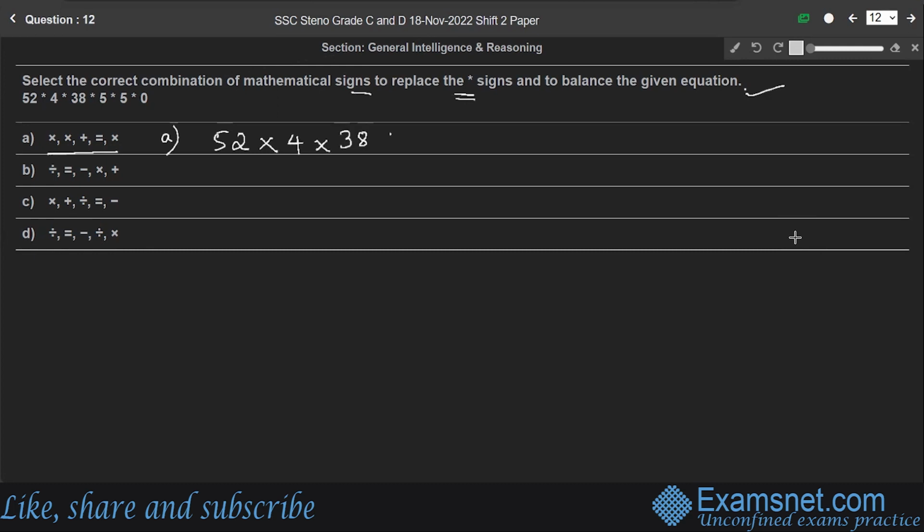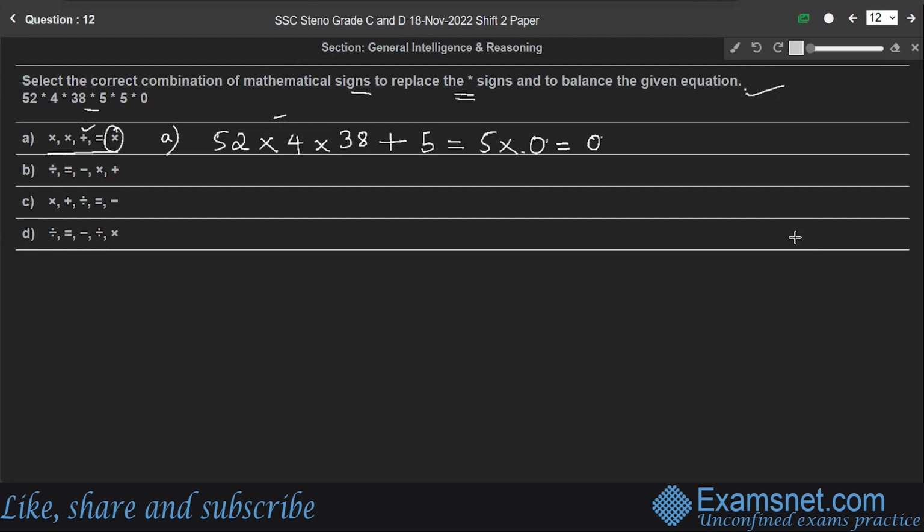Next asterisk should be replaced with plus 5 should be equal to 5 into, here the last asterisk is into 0. So here the left hand side cannot be equal to right hand side because we have all positive values, since the right hand side is 5 into 0.